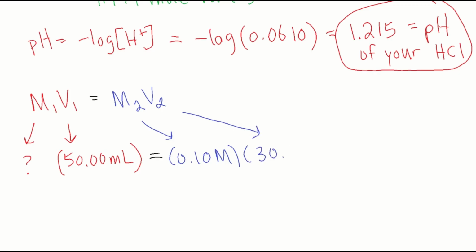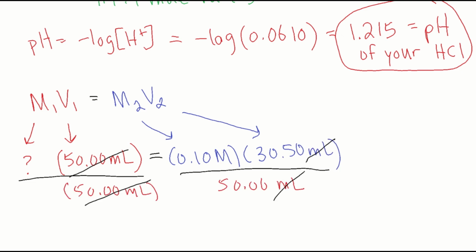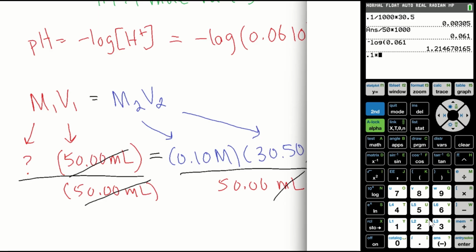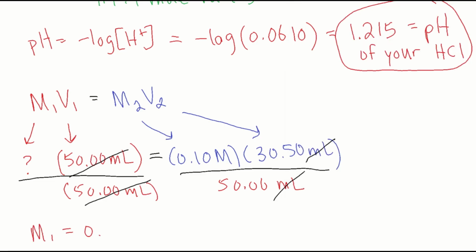That's the part that was titrated. All right, for you, that might have been 30.50 milliliters. Let's rearrange this to solve for the concentration of our unknown hydrochloric acid. We get the same answer. Good luck on the rest of your lab assignment.